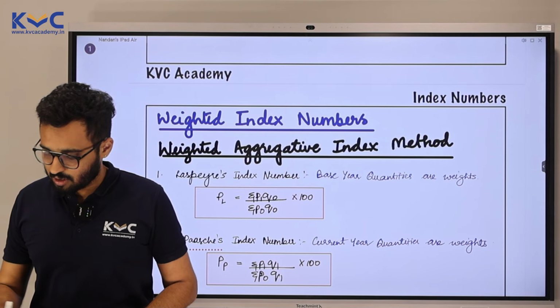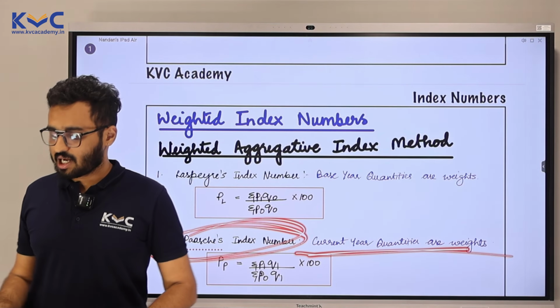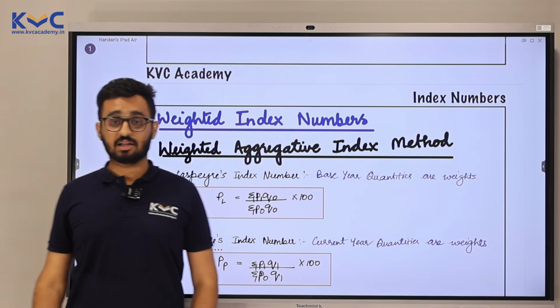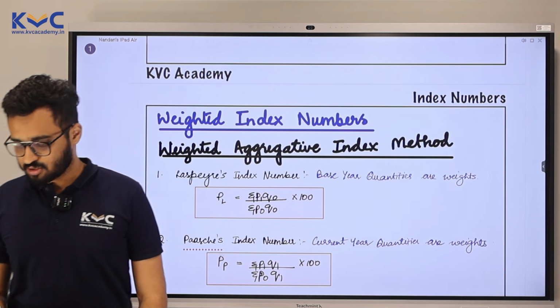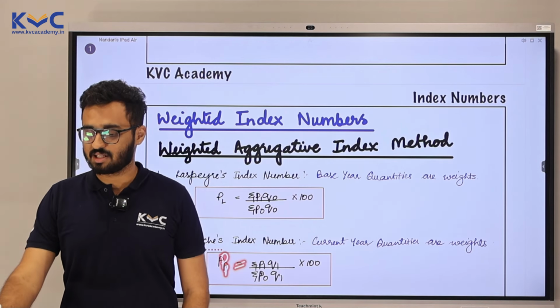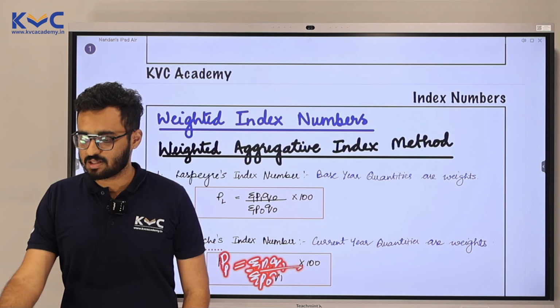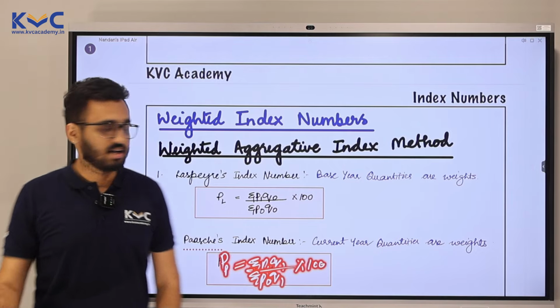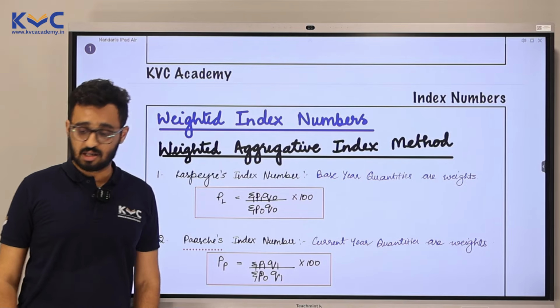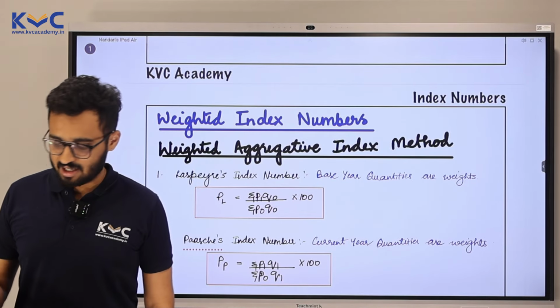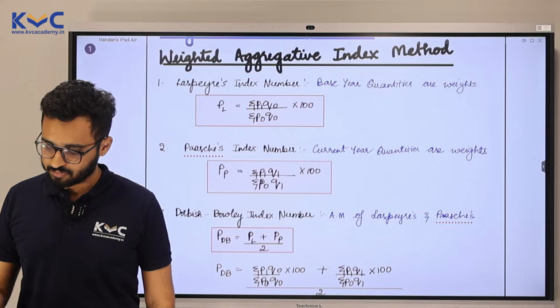So that is how you calculate Paasche's index number. Current year quantities are taken as weights. Understood? So Paasche's price index number is summation P1 Q1 divided by summation P0 Q1 into 100. Is it clear? So this is the second weighted aggregative index.